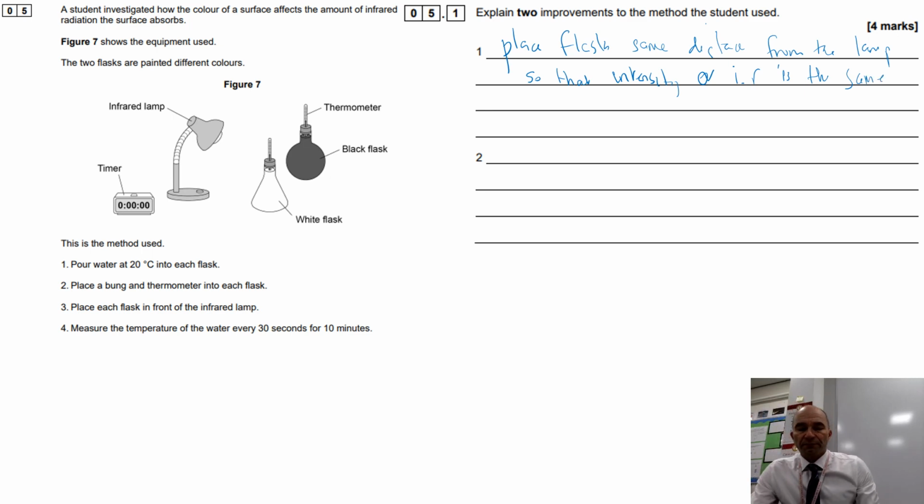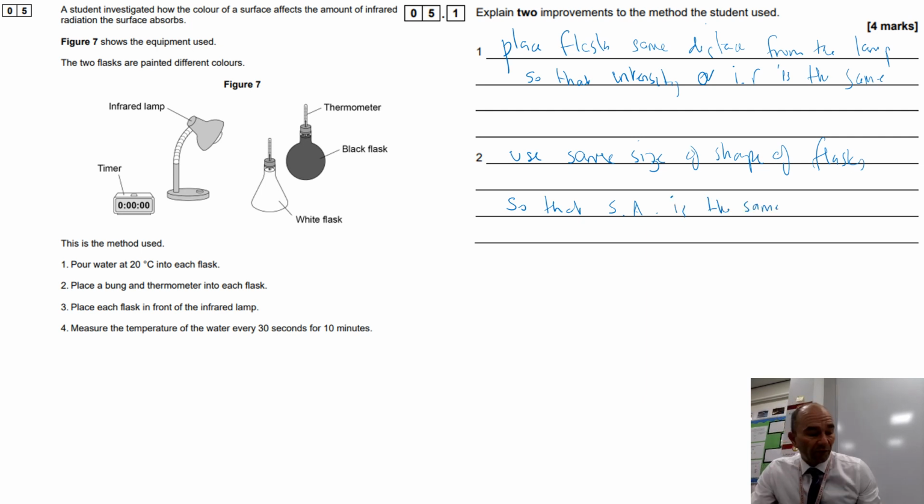The second one, you've got to make sure that the flasks are the same size and shape. So use the same size and shape of flasks, and this means that they've got the same surface area. So again, it's just another control variable, so that the surface area which can absorb the infrared is the same.